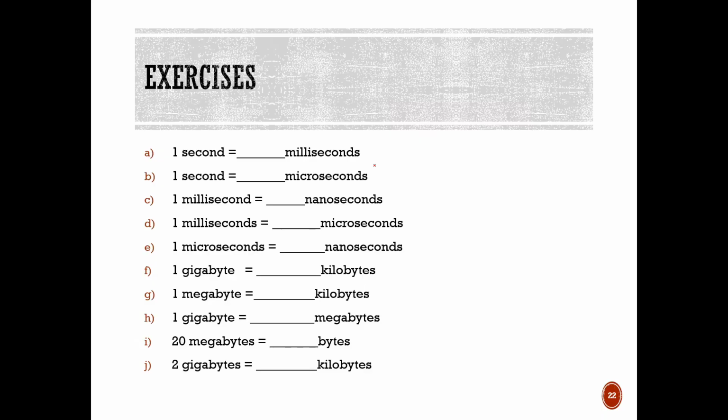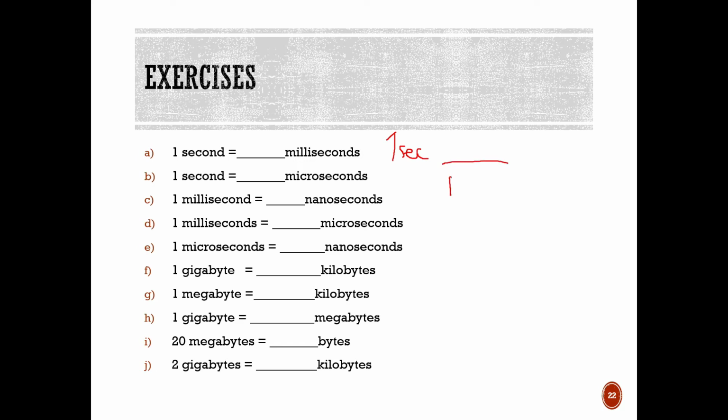Alright, so let's do some exercises here. The first exercise is how many milliseconds are in 1 second. The way I like to do these exercises is to cancel out the measurements. We're starting with 1 second, and we want to convert 1 second into milliseconds.